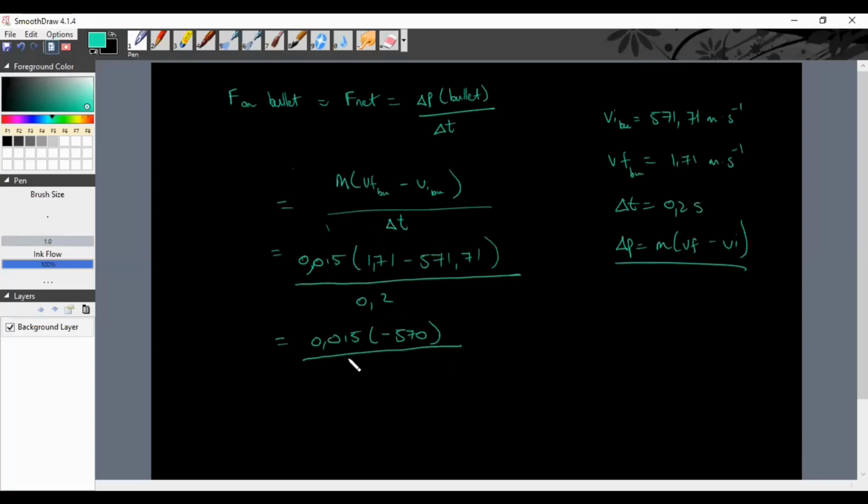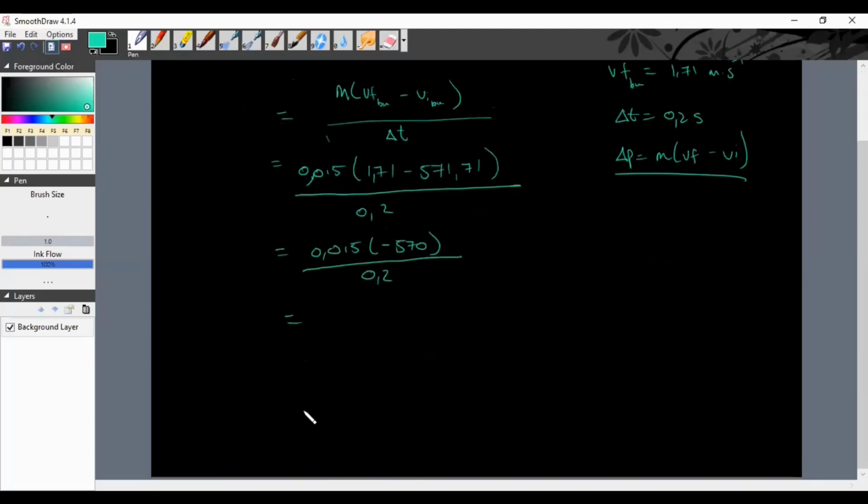This is obviously just the reverse. All divided by 0.2. You pop that in your calculator: 0.015 multiplied by negative 570, all divided by 0.2, gives you an answer of negative 42.75.